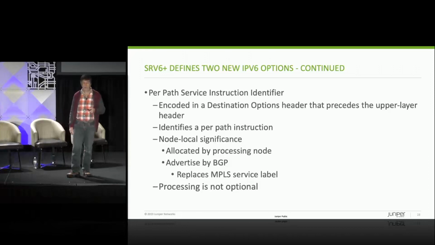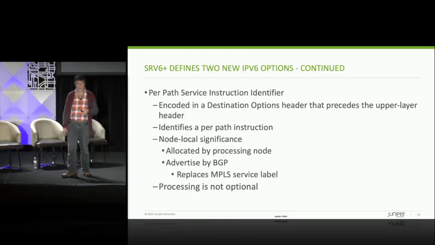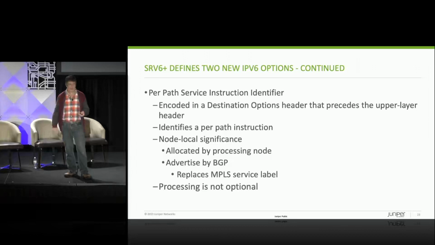It identifies a per path instruction. It has node local significance. It's allocated and advertised by the processing node, advertised by BGP. It basically replaces an MPLS service label, something that you would have seen in L3 VPN. Its processing is not optional. If a node sees this, it must either recognize it and process it or drop the packet.